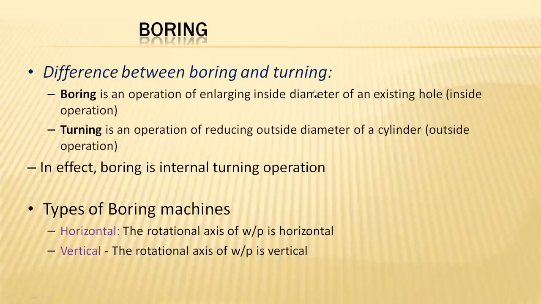Coming to the types of boring machines, we have two different types according to their operation. The first one is horizontal and the second one is vertical. In the horizontal boring machine, the rotational axis of the work part is in a horizontal position, whereas in the vertical boring machine, the work part is in a vertical orientation.